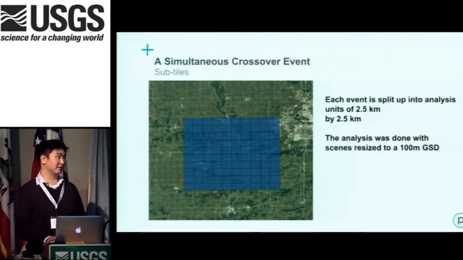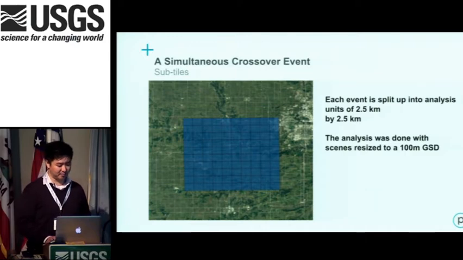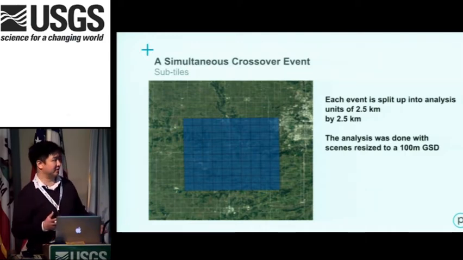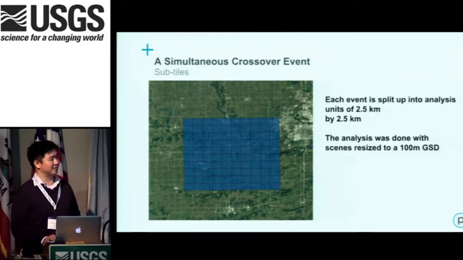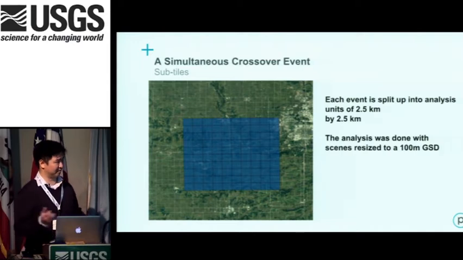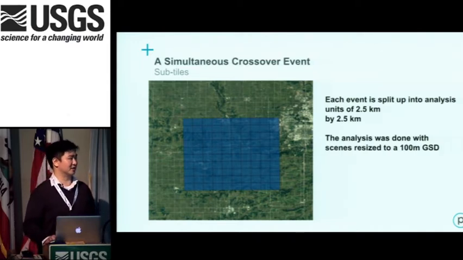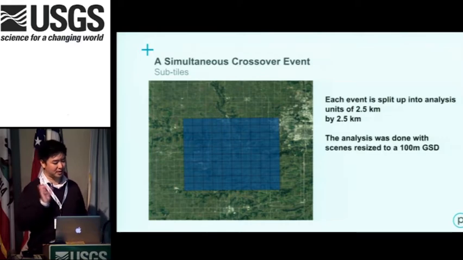For each of the simultaneous crossover events, we split up the analyses into subtiles of 2.5 by 2.5 kilometers. Ideally, you might be able to use some homogeneous fields or some smaller unit to do your analysis. But since we tried to do this at large scale and automated, this seemed like a suitable compromise of subtile size for computational complexity, as well as keeping the subtile areas manageable.